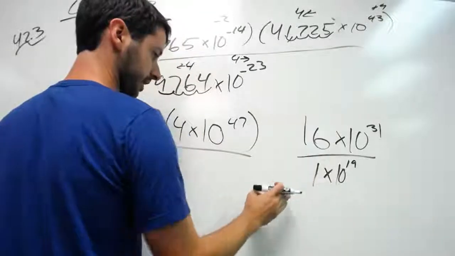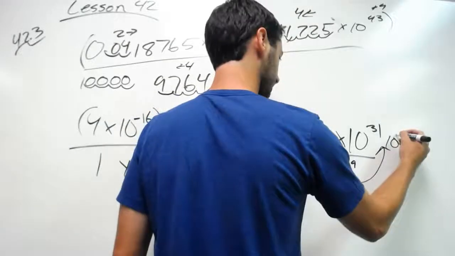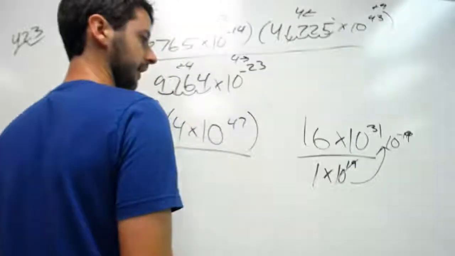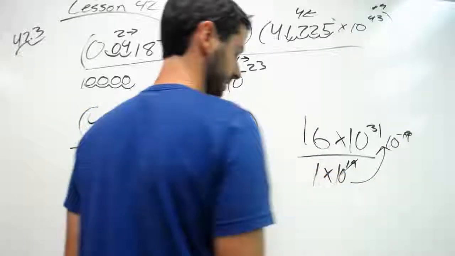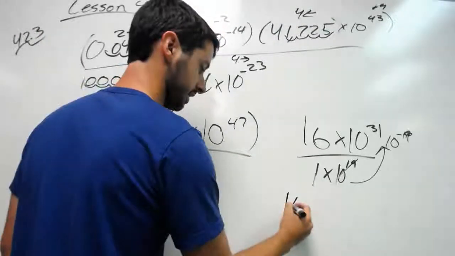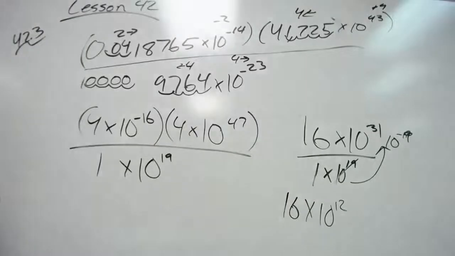I'm going to get to that part in a second. I'm going to go ahead and convert this up here. Negative 19, that's a weird 19. 31 minus 19, that would be 12. So 16 times 10 to the 12th is where we're at.